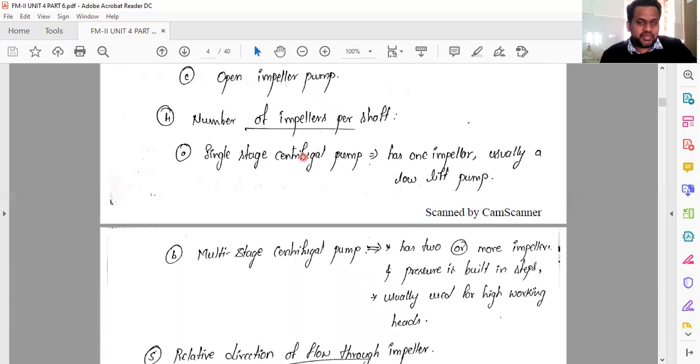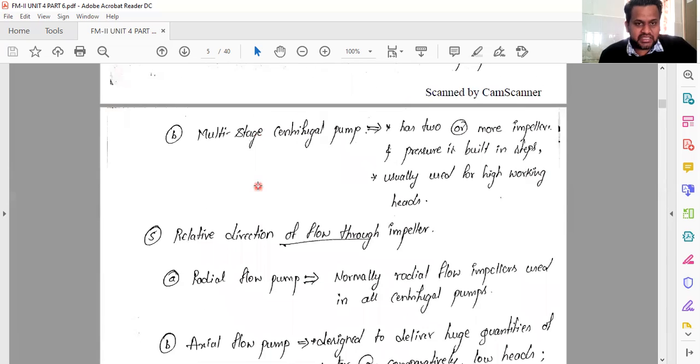Because of this mechanical energy, a centrifugal force will be generated, and that centrifugal force helps the water to lift from one location to another location. Okay. So based on how many impellers are mounted on the shaft, we can classify single stage and multi-stage pumps.